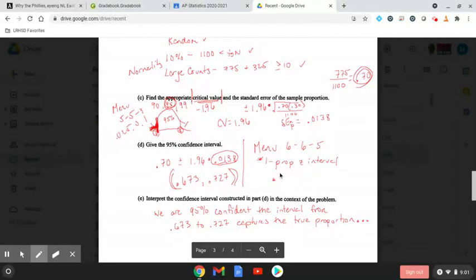And using technology, using the calculator, it would have been 0.678 to 0.732 if we went to 3 decimals. Okay, but as long as you show your work, whether it's by hand or it's through technology, both will work.